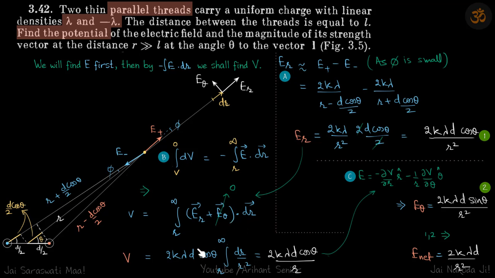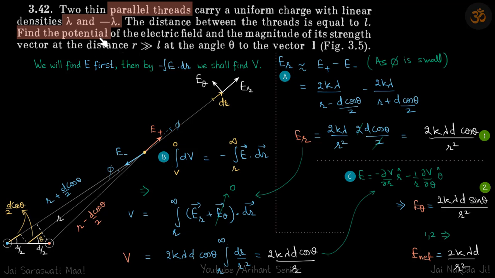So this term becomes E_r dot dr, and E_r we already calculated, and because they are parallel we'll just put them together. So this becomes 2k lambda d cos theta by r square into dr, and if you put the limits you will get the answer for your potential. So this is the potential at this point.